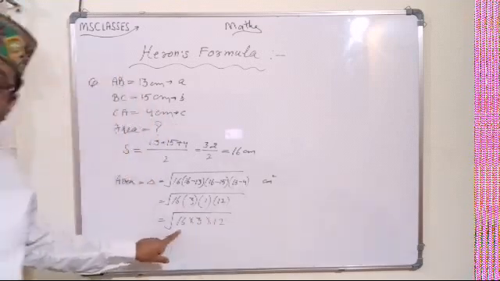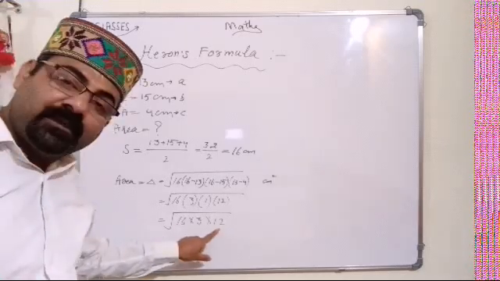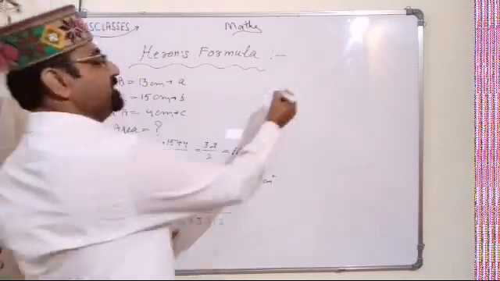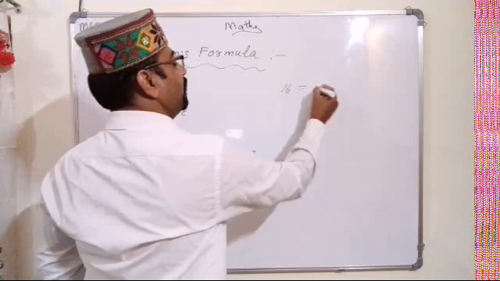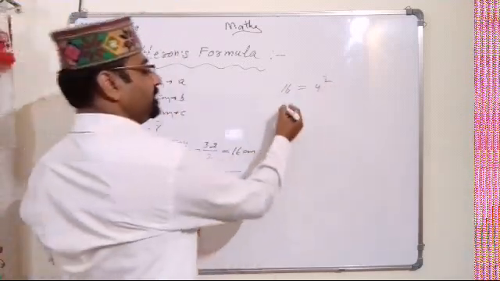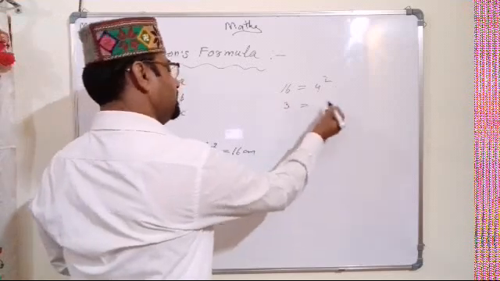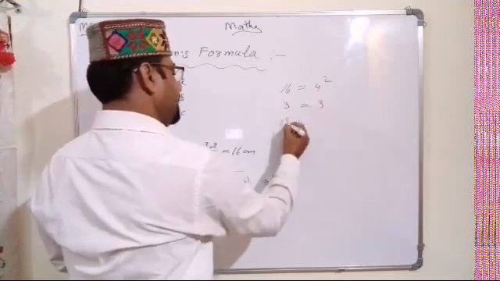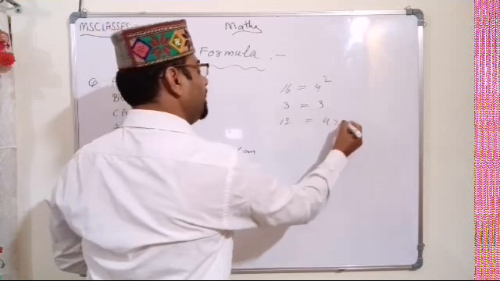So guys, here you have to remember that 16 means 4 square, 3 means 3, and 12 means 4 into 3.